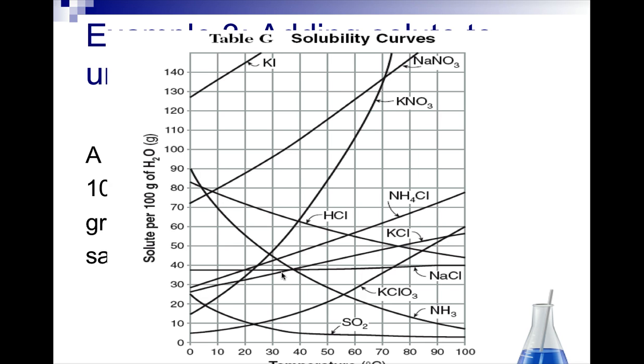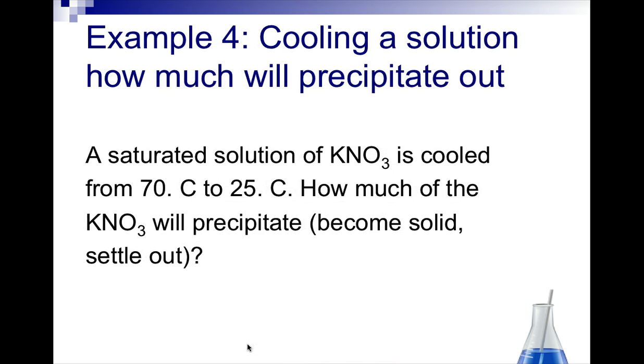And right up here is my potassium chloride line. And how much more do I need to add? Well, if I'm at 20 grams and I am saturated here at about 35, so 35 minus 20 is 15, so I can add 15 more grams of potassium chloride to the solution.